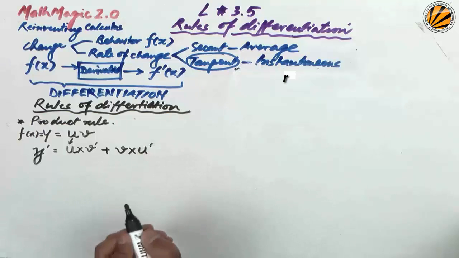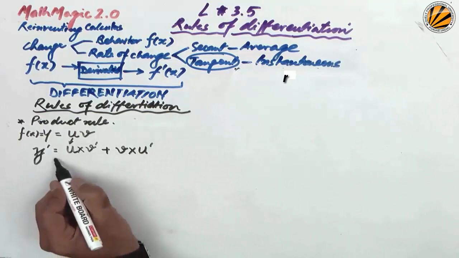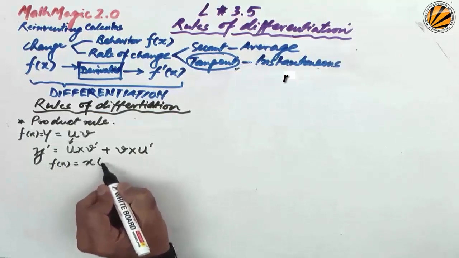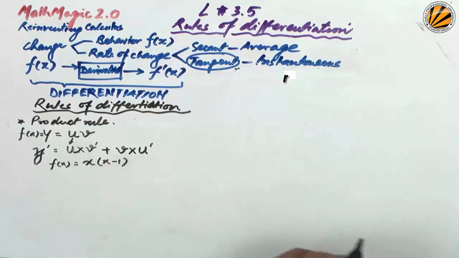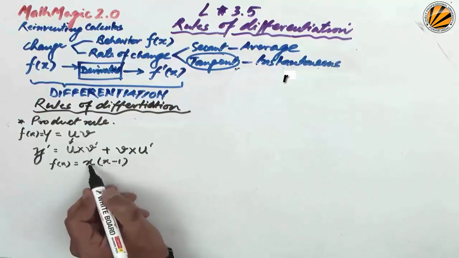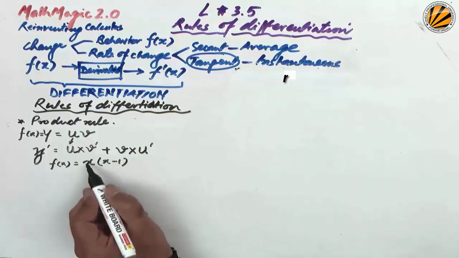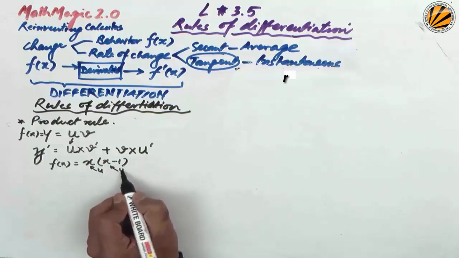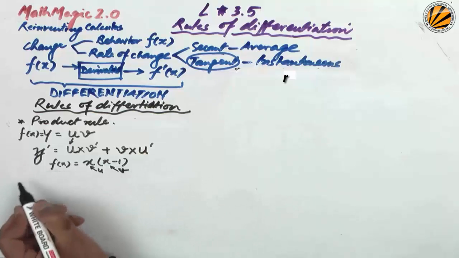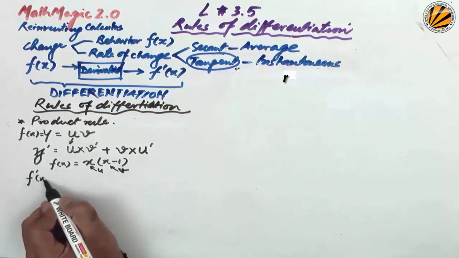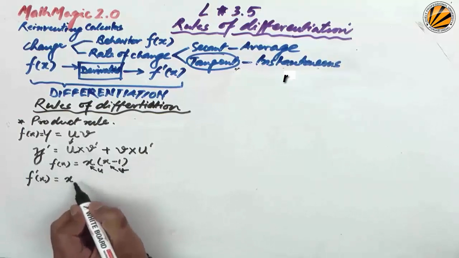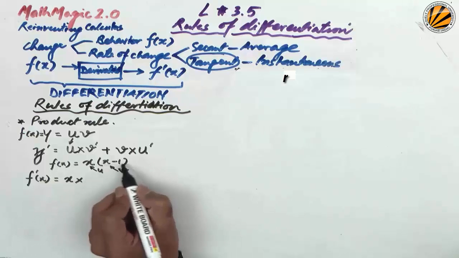An example, just a plain simple example: let the functions be x and x minus 1. We can evaluate them by expanding also. x square minus x can also be done. But let us now look at a situation where this can be treated as u and this can be treated as v. So let us look at f prime of x based upon the product rule. It would be the first function multiplied by the derivative of the second function.